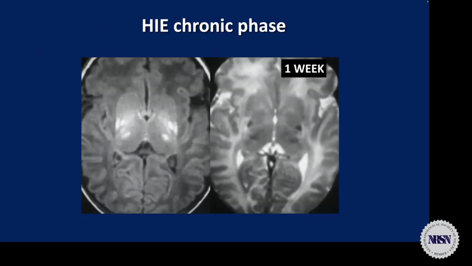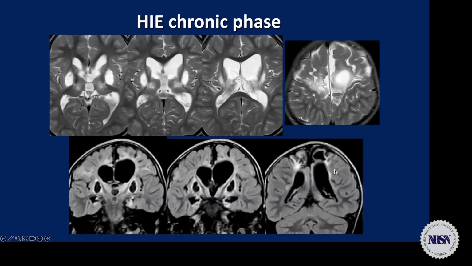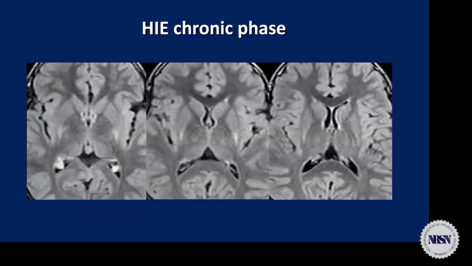Chronic phase. In chronic phase, we have a sort of hypertrophy of thalami with this residual lesion here. There's a dramatic lesion. It's not difficult to understand that there is something, so that there is HIE. Sometimes in a chronic phase, if the clinical data are not very clear, you can see this very small lesion here.